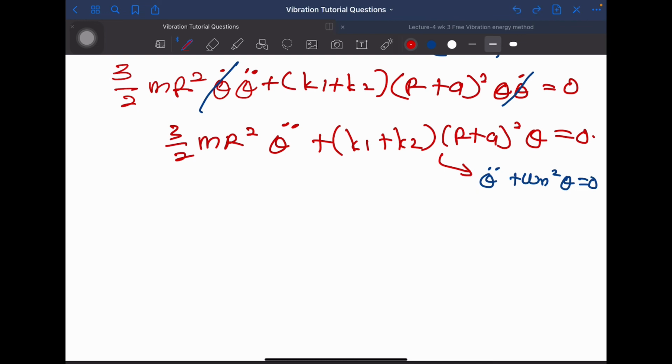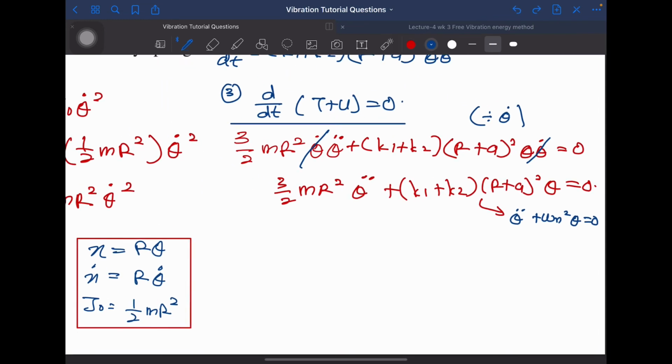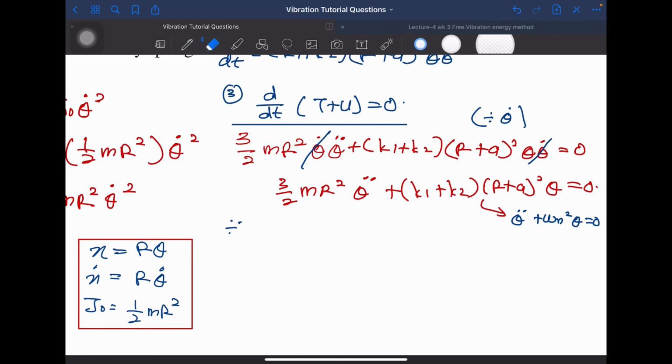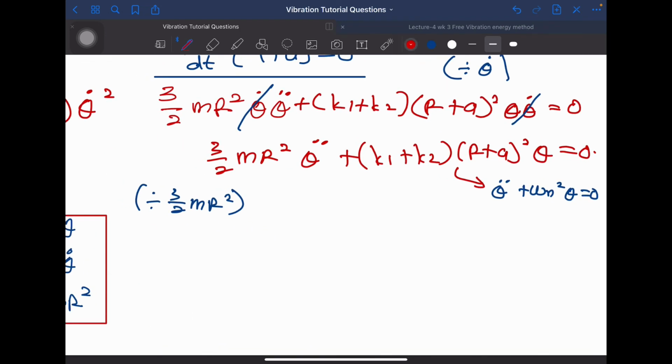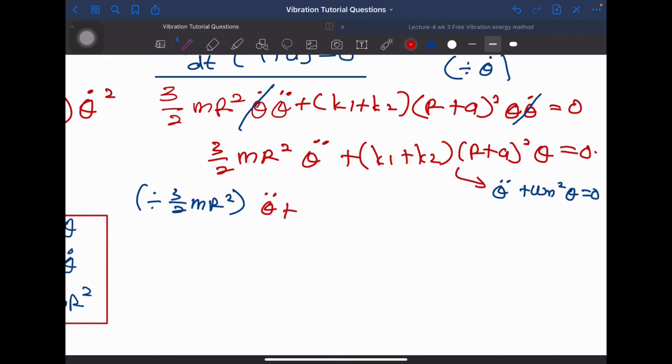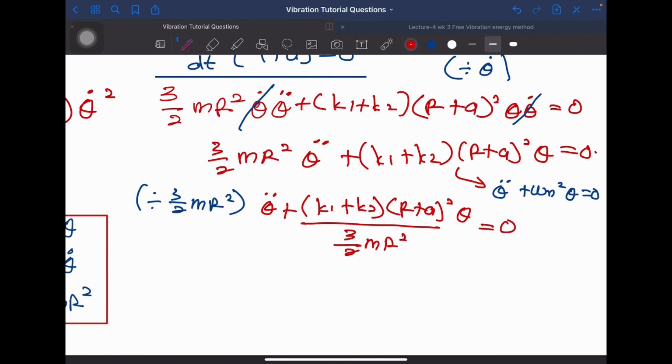Since theta double dot is not alone, I have to divide the whole equation by 3 over 2 m r squared. So I'll get theta double dot plus (k1 plus k2) times (r plus a) squared theta over 3 over 2 m r squared equals 0.